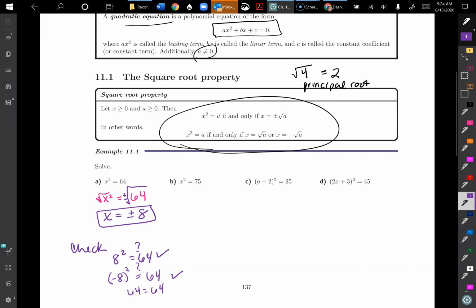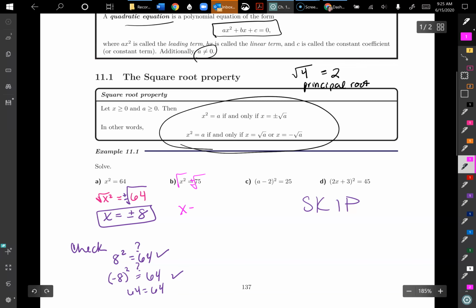Again, we're not going to worry too much about simplifying and things like that, so we're going to skip these. But if we have a situation like B, again, we could take the square root of both sides, but we have to do plus or minus. Then we would have x by itself, and we would have plus or minus the square root of 75. You could figure that out on a calculator.